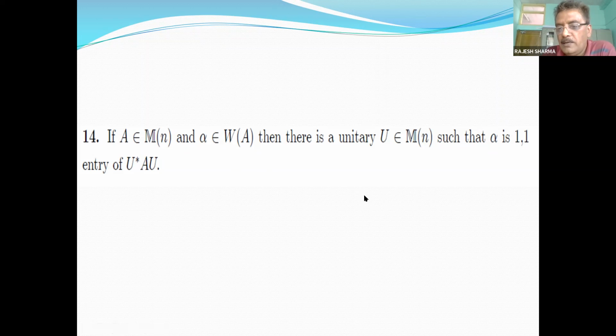Anybody want to comment? That is, if alpha is any point in the numerical range, then it can be brought to the 1-1 diagonal entry of a matrix which is unitarily similar to matrix A.